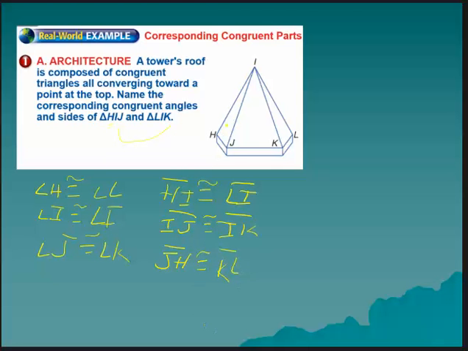So for a triangle, if you're comparing or naming corresponding parts, you should have 3 angle pairs and 3 side pairs. So you should have 6 different congruency statements here. Okay. So again, we're just matching the parts and naming in the same order.